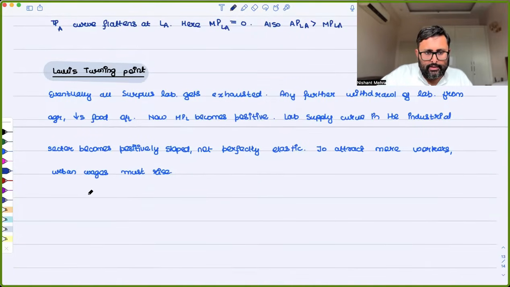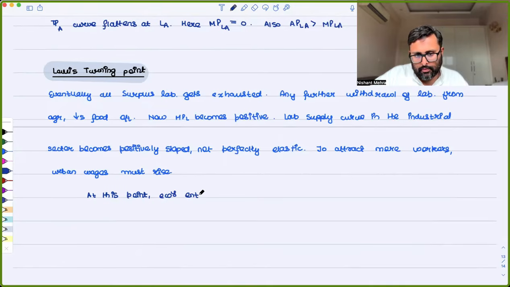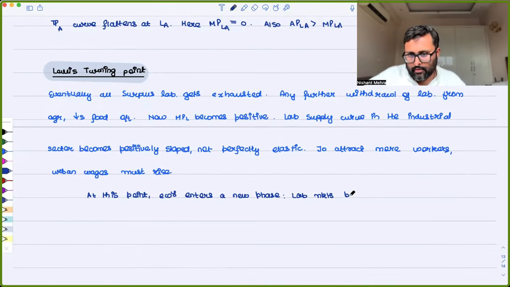And then you will end this at this point. The economy enters a new phase at the Lewis turning point. Labor markets begin to function competitively.